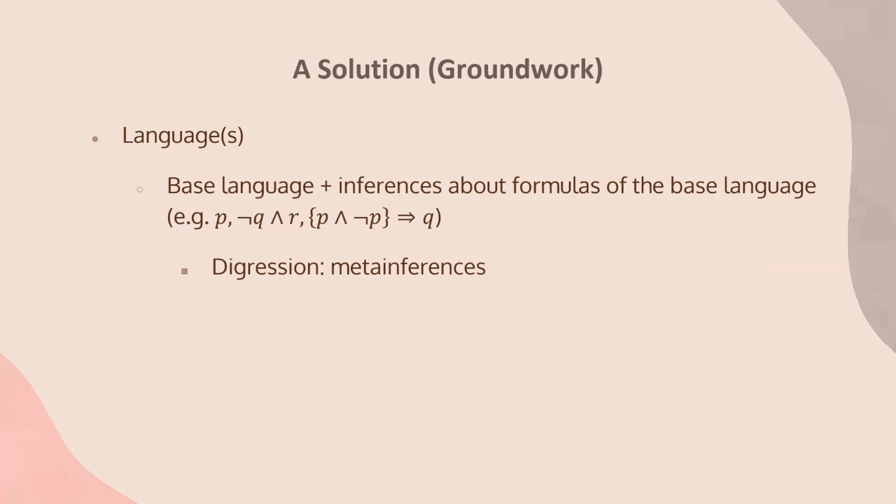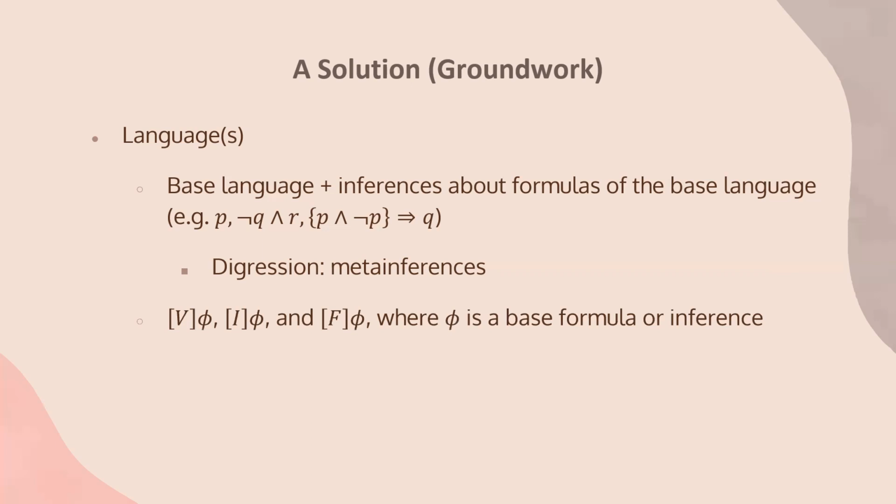But whether we choose to do it or not is largely a matter of convenience, or what you need the system for. So if you need to distinguish between classical logic and ST, for example, then you could add meta-inferences to the normal inferences and include them as well. But for the sake of this presentation, I'll just focus on having some sort of base language and inferences about formulas of that base language. So that is the formulas of logics.